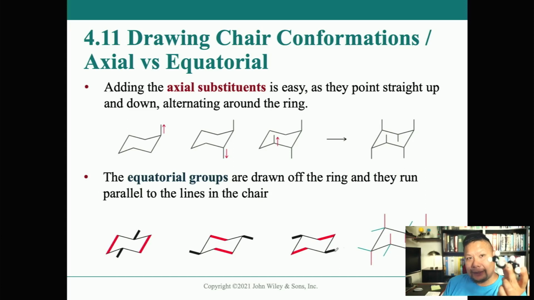Adding the axial substituents is easy, as they point straight up and down, alternating around the ring. You start by having one go up right here, like this one. Then this carbon, the one pointing out to you in the front, is going downwards, just like this hydrogen is.